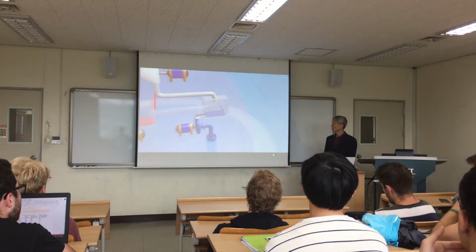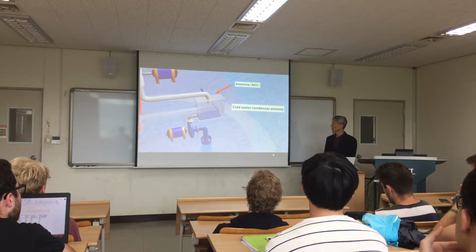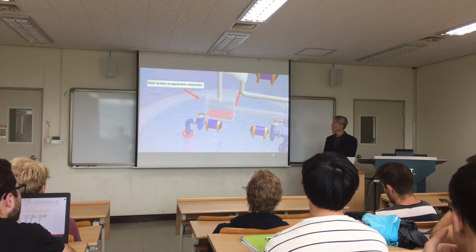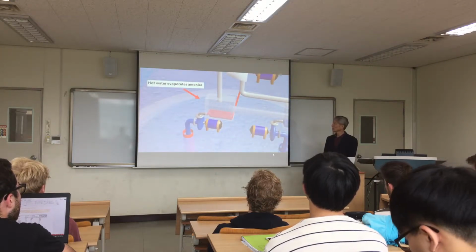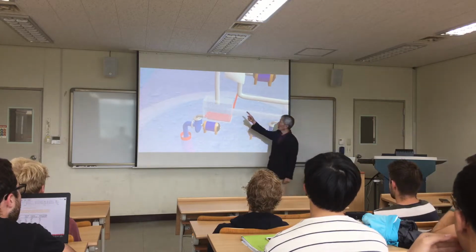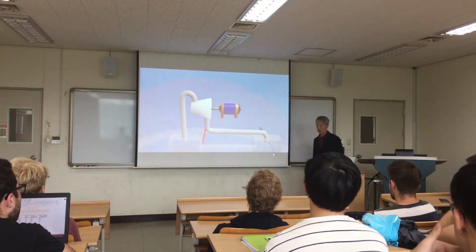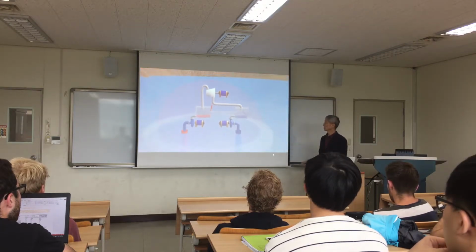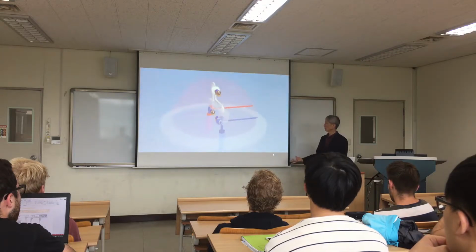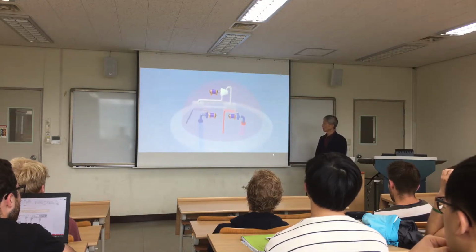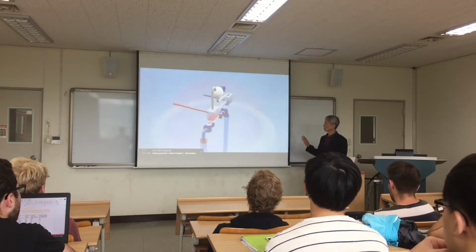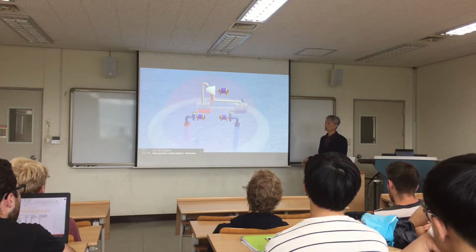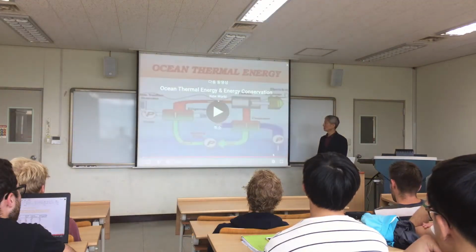We use very small temperature differences, at probably 1 kilometer of depth. And also they use ammonia for easier evaporation at low temperature. And the other things are very similar. So they use cold water from the deep ocean and warm water at the surface. So there are only about 20 degrees of difference.